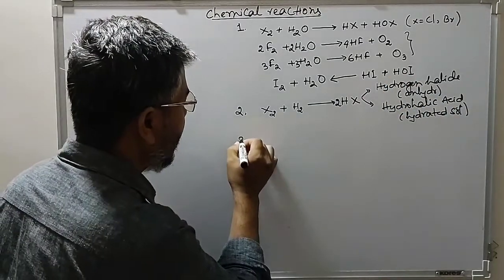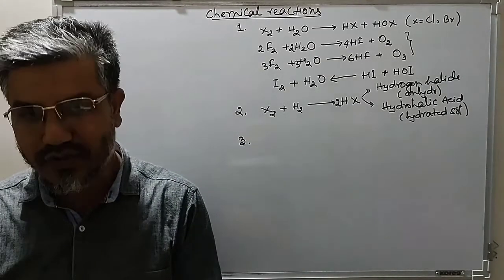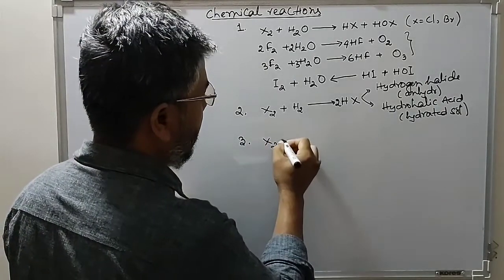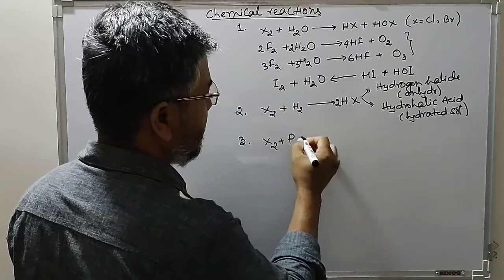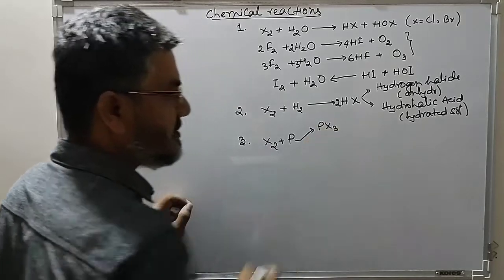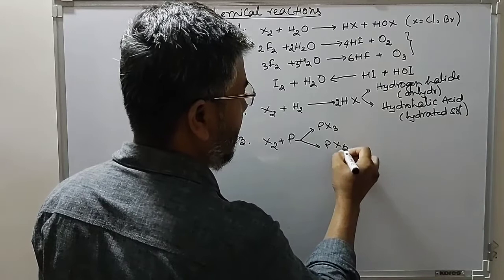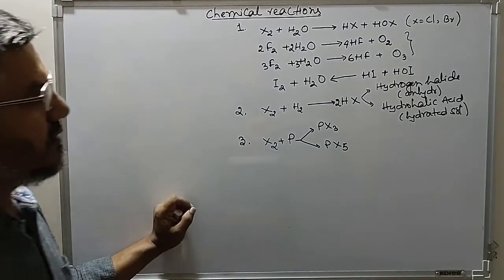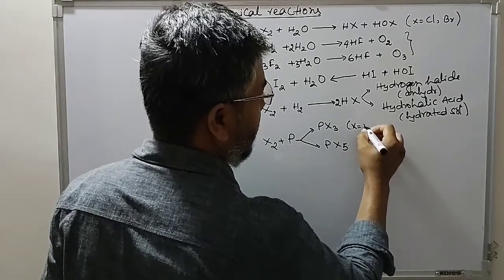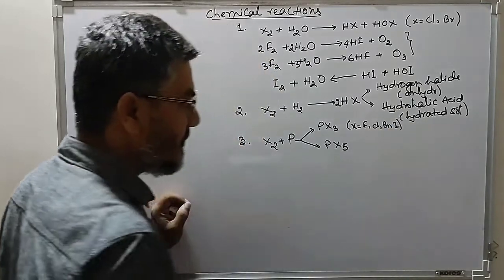These halogens also react with phosphorus. So look at this. X2 reacts with phosphorus. This gives you PX3, phosphorus trihalide, and PX5, phosphorus pentahalide. The trihalide is given by all halogens: fluorine, chlorine, bromine, iodine.